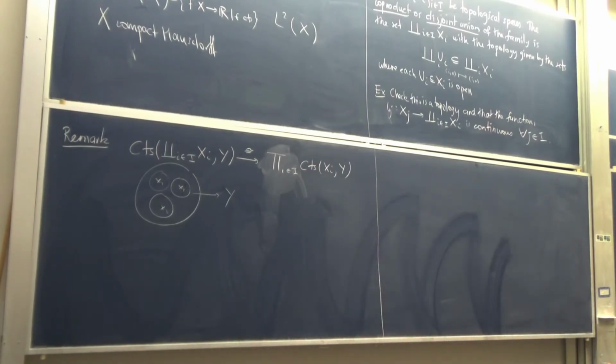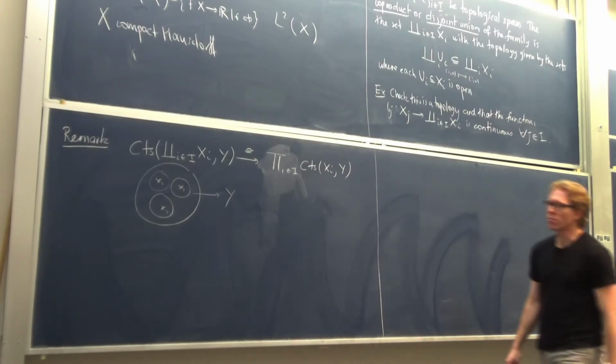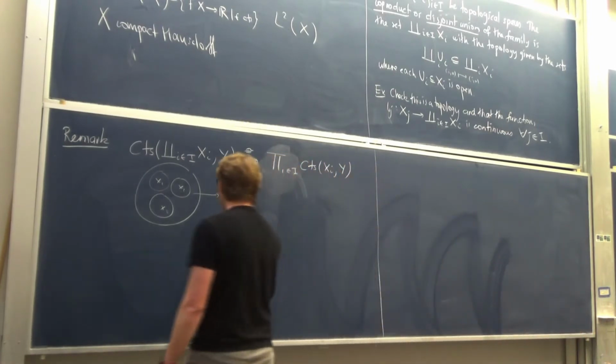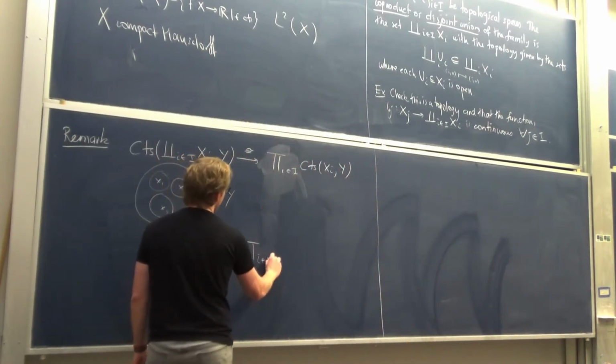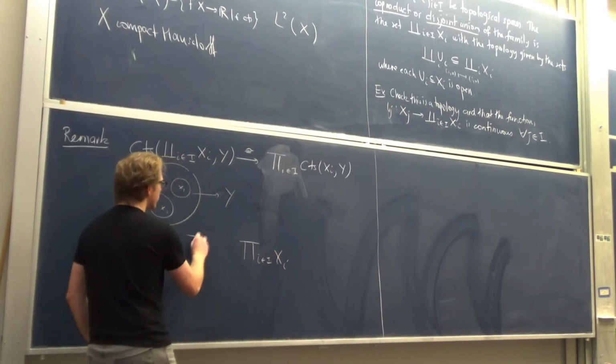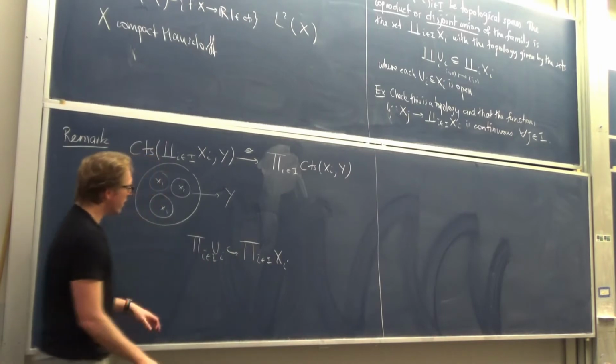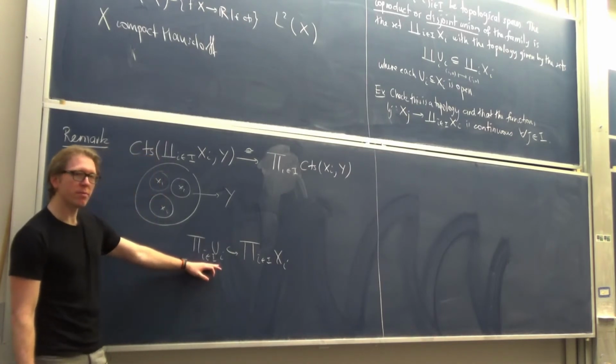So if you think about the product, I defined a basis to be products of open sets where all but finitely many were the same as the whole space, right? That gives you the topology that we want. There's another topology, which is when you just take what you may have thought naturally, which is, inside the product, you take for every i an open subset of X_i and take the product over all of them.